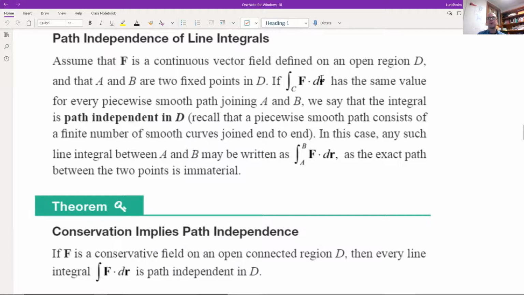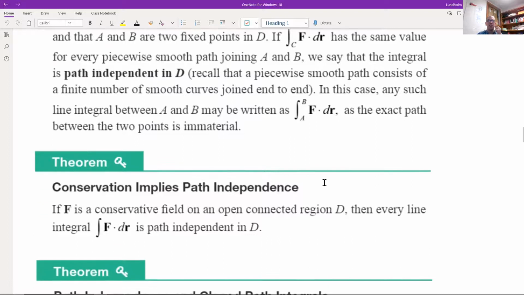Normally we would write line integrals this way, but if you're in the situation where any path is going to work, you can rewrite that integral as going from A to B there. So you could literally just put the ordered pairs A and B in there and that would be fine, because the exact path doesn't matter.